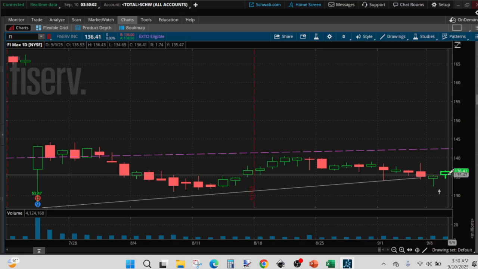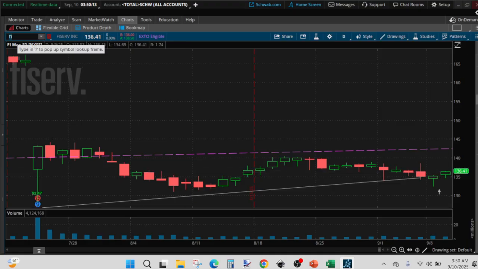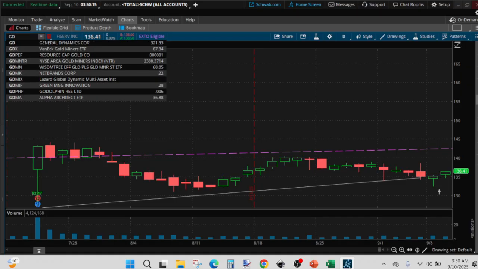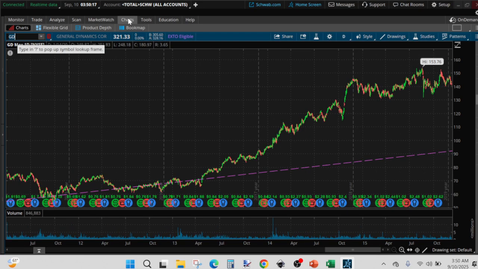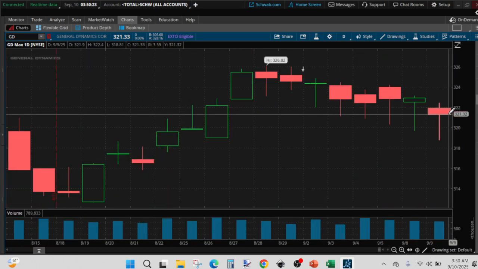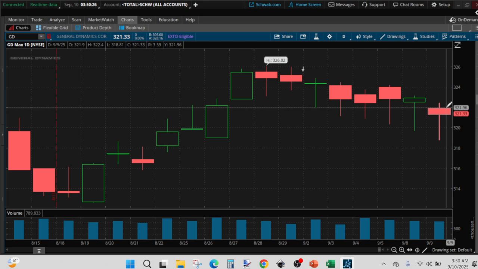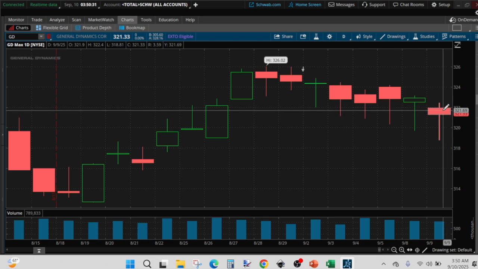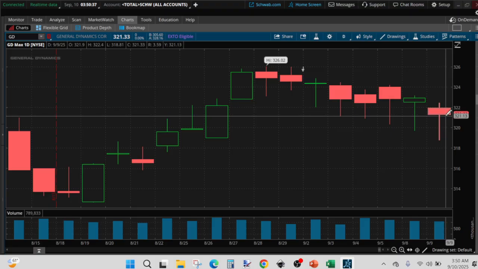Even though it does not fluctuate quickly, let's say in the morning it opened at 135, for instance, and it closed the same day at 136. That's a $1 difference there. GD, for instance, which is $300, in the morning it opened at 321.84, in the evening 321.36.